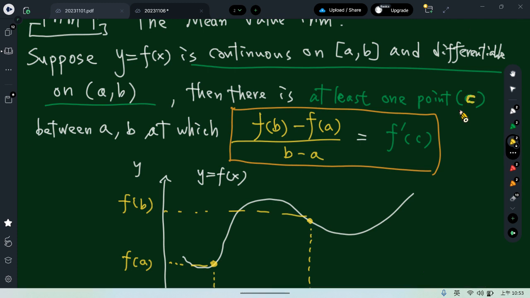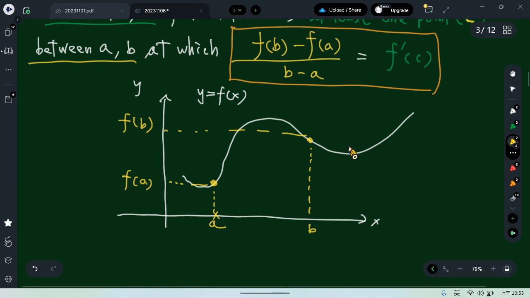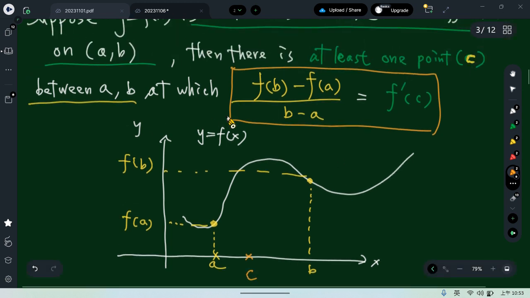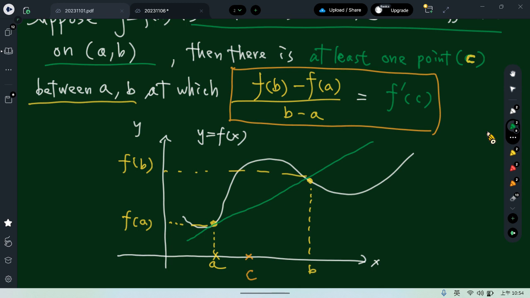So a very similar statement is here, that we can find a c between a and b. So that means I can find a c somewhere between a and b, at which f of b minus f of a over b minus a, what is this? You can just regard this as linking these 2 points together, right?